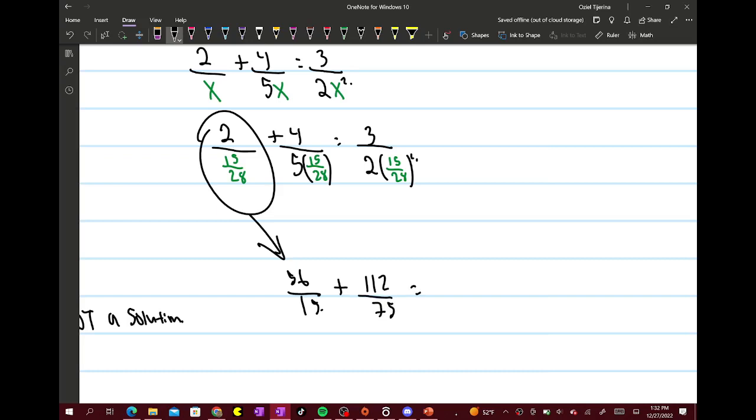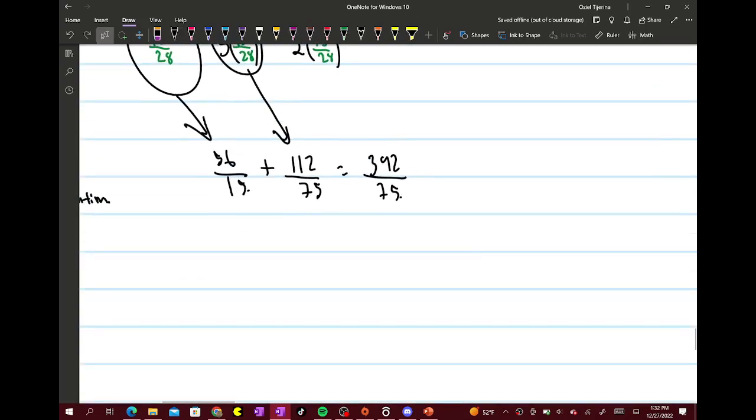And then this one here, that's equal to 3 over 2 times 15 over 28 squared. And we're going to check if it's true, right? So we have 392 over 75.